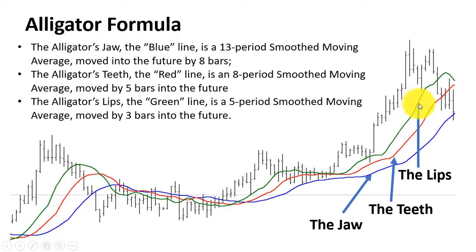And the green one, the lips, is a 5-period smoothed moving average, moved into the future by 3 bars. So you can consider this to be 13, 8, and 5 moving averages. But the difference between this and an ordinary triple moving average is that this is projected into the future. If you've seen the Ichimoku indicator, you know that it's the same thing Ichimoku does. It projects itself into the future.